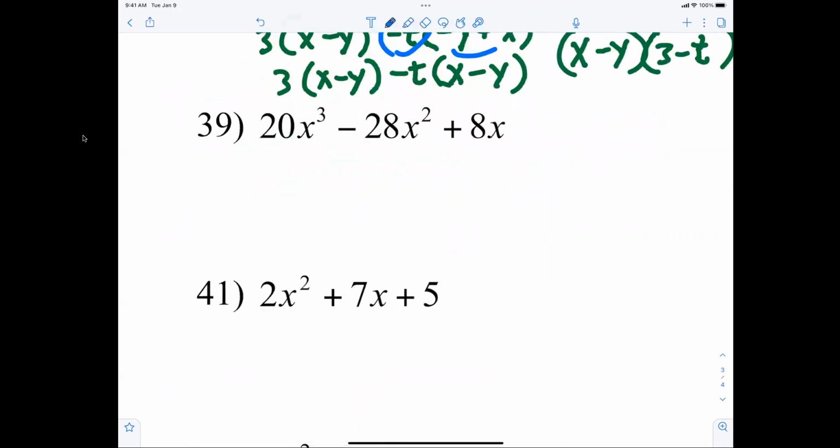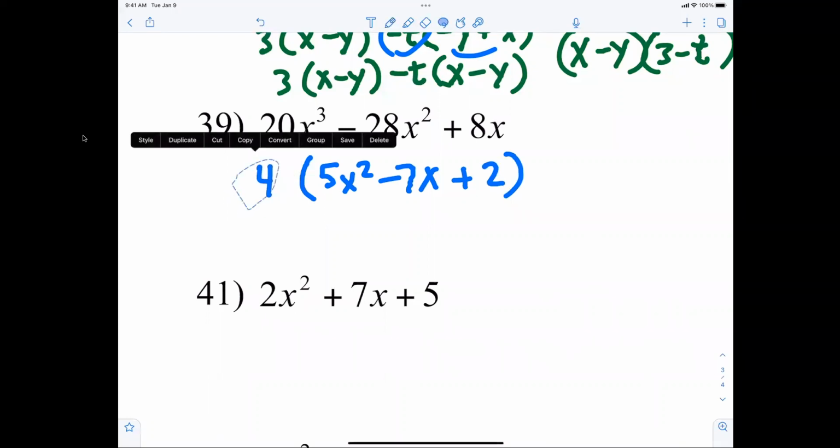Come on, what's common? 4x. What am I left with? 5x squared minus 7x plus 2. All right.